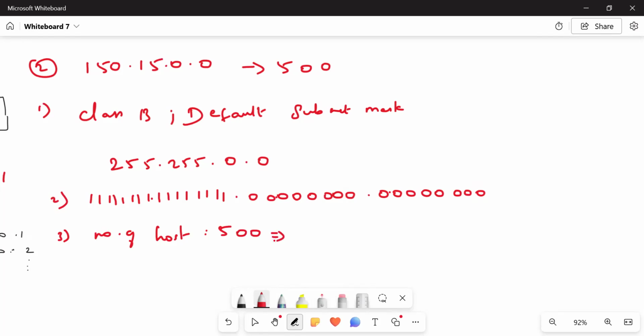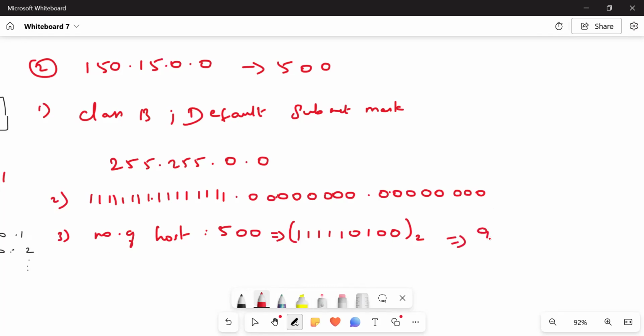So what is the value we are getting? 111110100. Okay. So this is the binary format for 500. How many bits? 1, 2, 3, 4, 5, 6, 7, 8, 9.